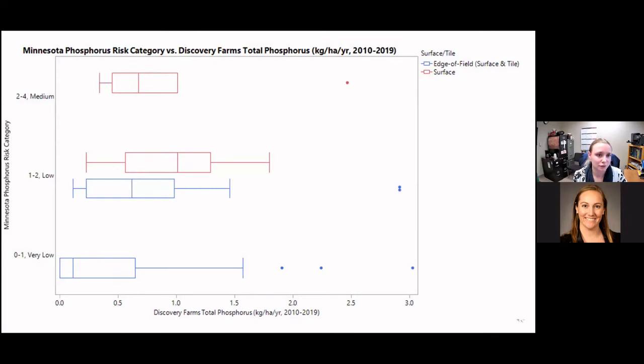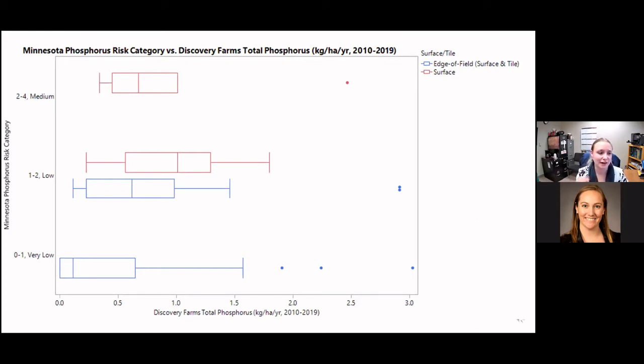And then lastly, total phosphorus yield ranging from 0 to 3 kilograms per hectare per year across these 10 years of Discovery Farms data, again graphed with Minnesota phosphorus risk category. We see that the very low actually has the widest data distribution, so it's stretched out the most, including the most data points in that category for the range of total phosphorus. Low is lower than very low, and that's not what we would expect.